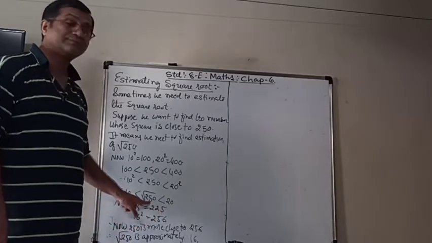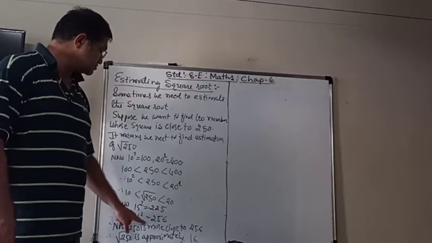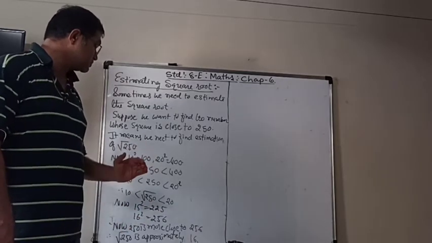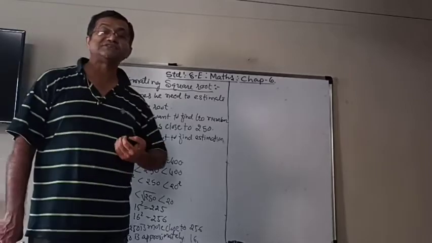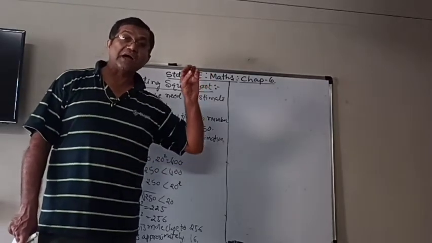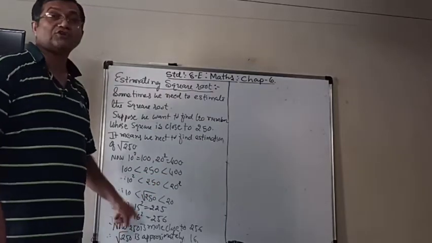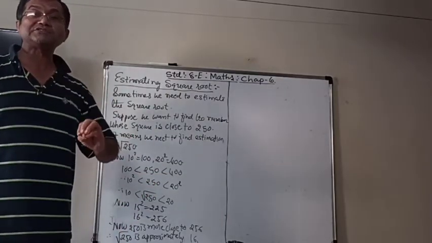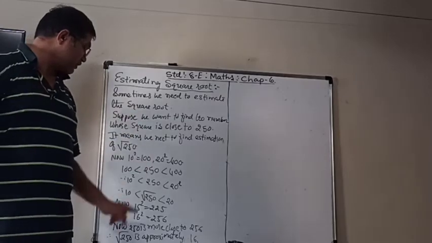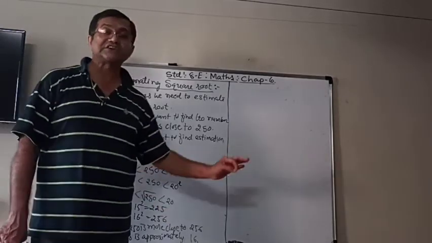That one is very far. It means that 16 square is very, very close to 250. So the approximate square root of 250 is 16. Not exact, but the approximate value of the square root of 250 is 16.